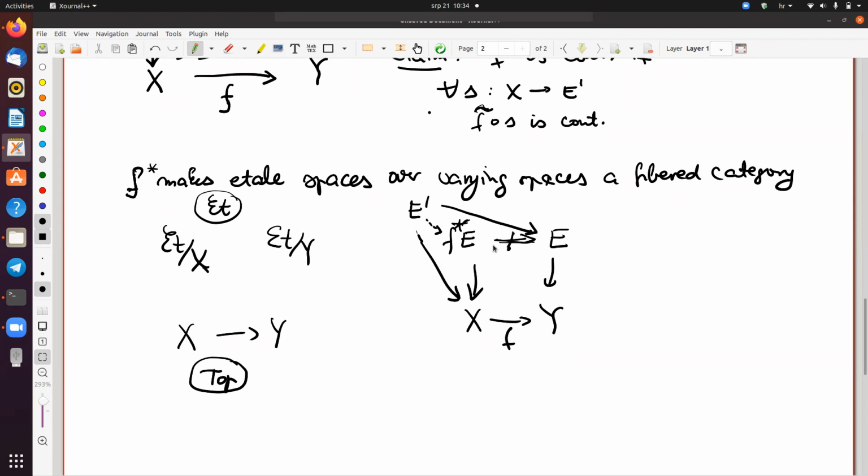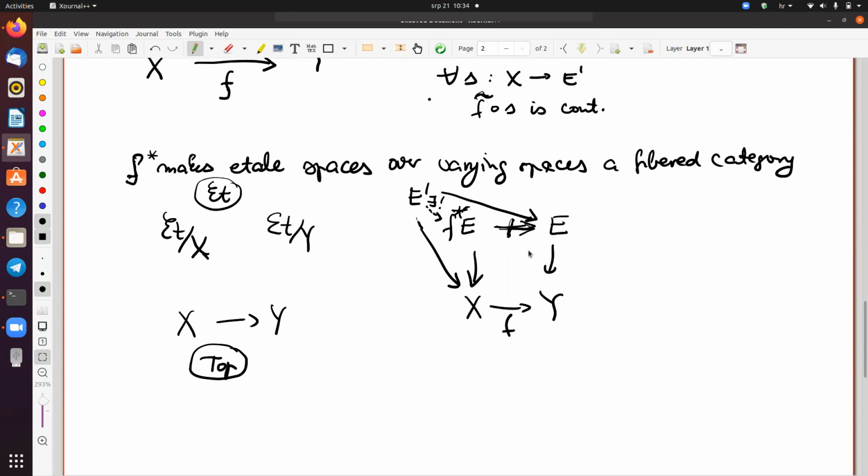This means that above every F such a construction exists, at least one F star E. There are also isomorphic ones, of course. And so the category which has this structure, that above every F there exists such a universal map with this universal property, is called a fibered category.